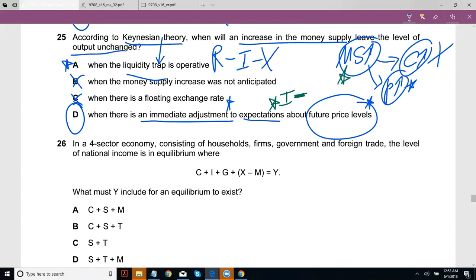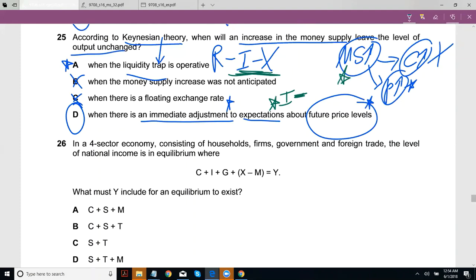However, if you link this to the liquidity trap, money supply increasing, then interest rates falling, yes, but people won't really do something if there is a liquidity trap. But if you look at the other option, A, when the liquidity trap is operative, investments wouldn't have much of an issue because interest rates would remain the same; they wouldn't change.